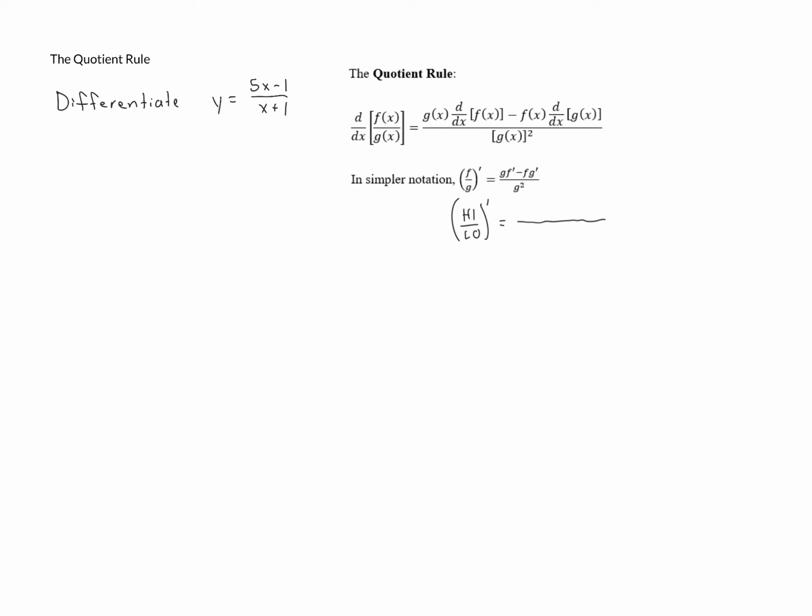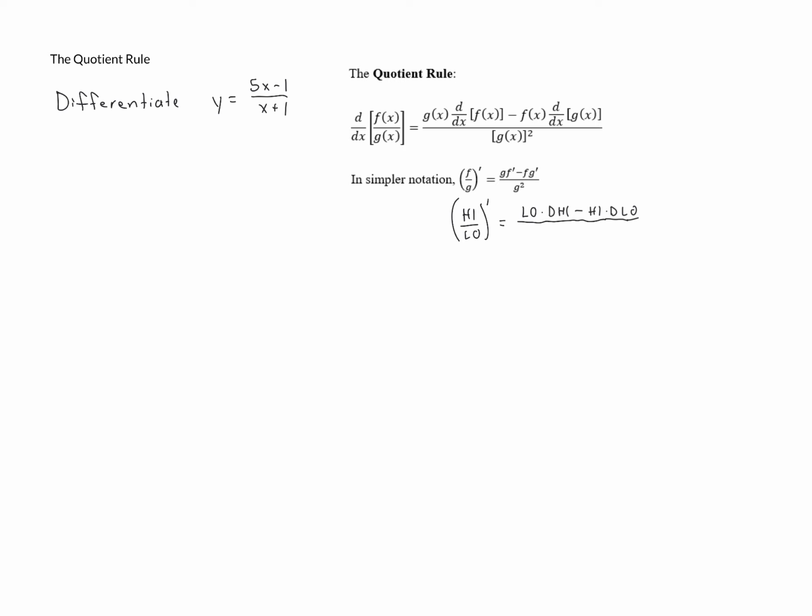The way that we can look at the numerator is g is that lower function, so we've got the lower function times the derivative of the higher function. We're going to call that d high, derivative of the higher function, and then minus f is the higher function, so high times the derivative of g is the derivative of the lower function, so d low.